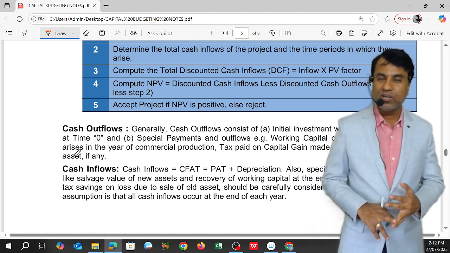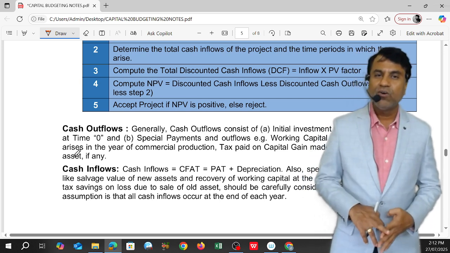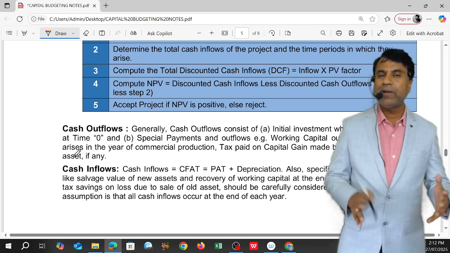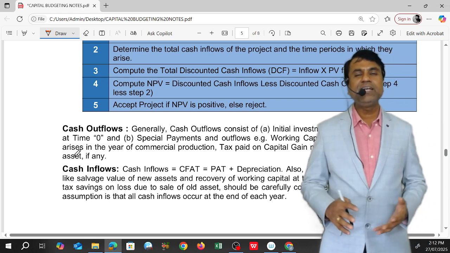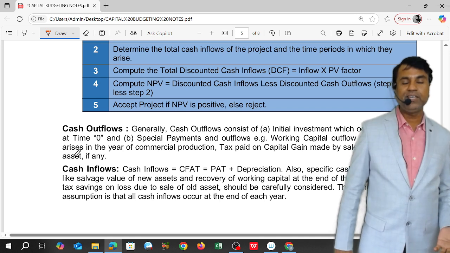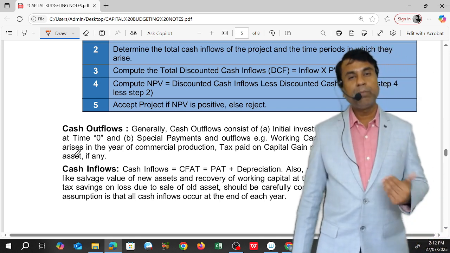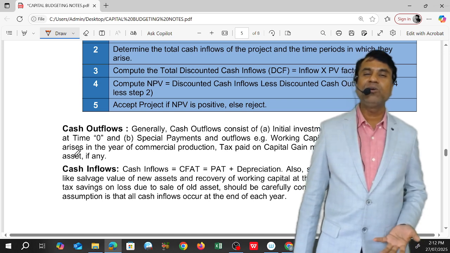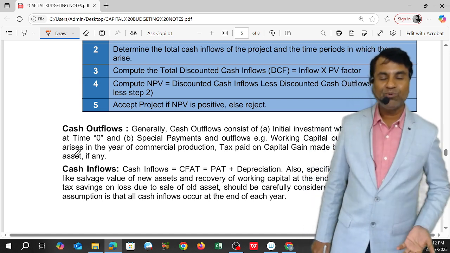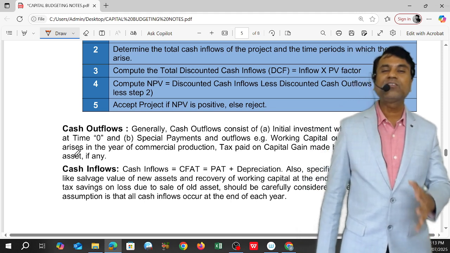Say for example, installation and erection charges, transportation charges, carriage, or any kind of taxes which are paid in case the asset is imported, so import duty, all such will be added into the cost of the asset. But cost of the project further includes cost of the asset plus any survey, any research and development cost, plus any extra working capital required for running this particular project. So all these costs will be added.